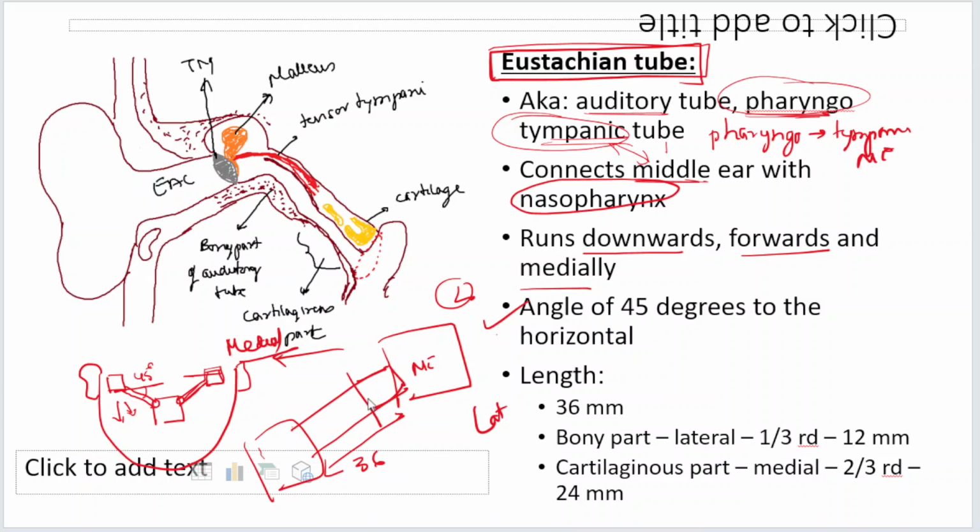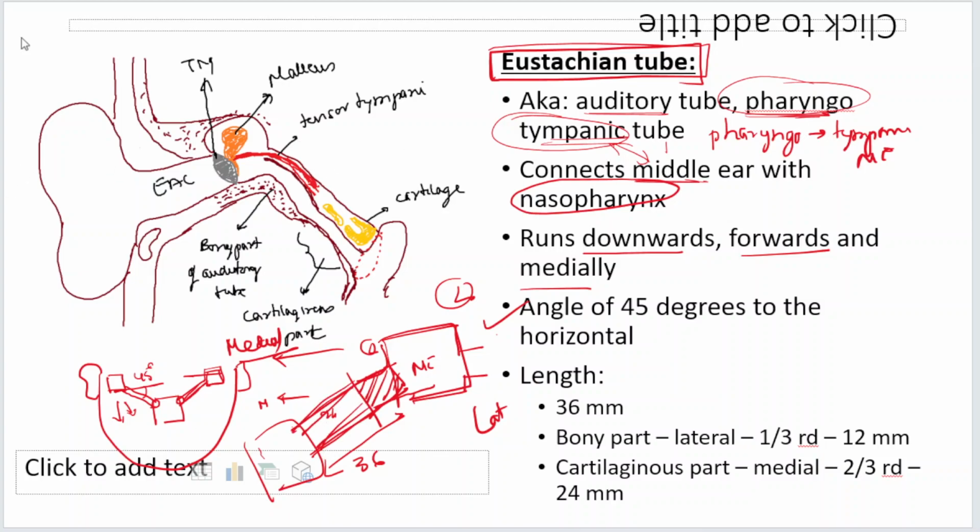This will be the medial part of the Eustachian tube, and this will be the lateral part. The lateral one third is bony because it is continuing with the tympanic cavity, which is bony, and the medial two-thirds is cartilaginous.